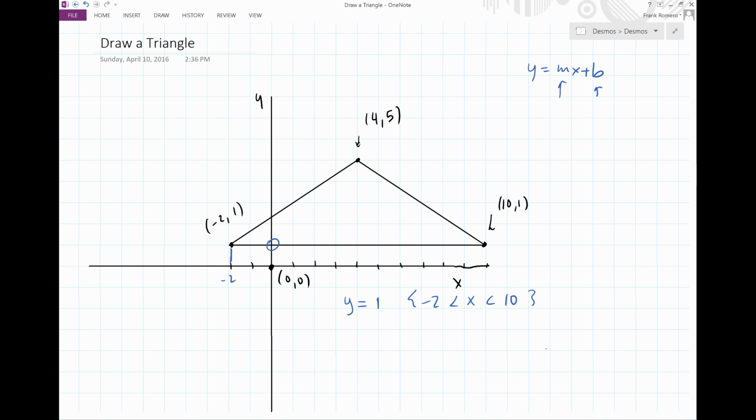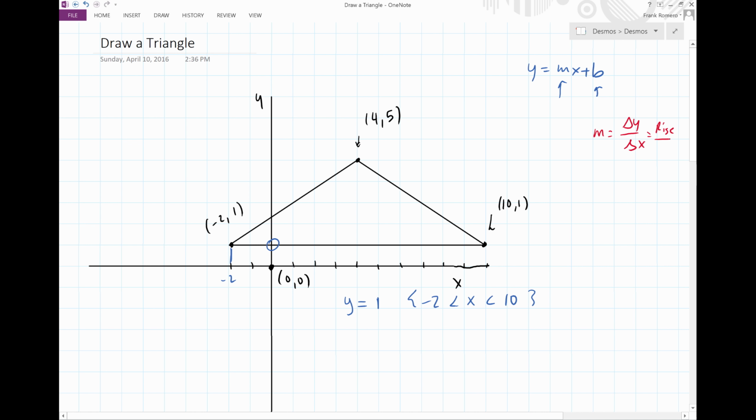Okay, then we're going to need another line, right? Let's draw it in a different color. This one. So in that one, I think we're just going to find the slope. There's different ways we can find the slope. Let's see. The slope is the change in y over the change in x, right?